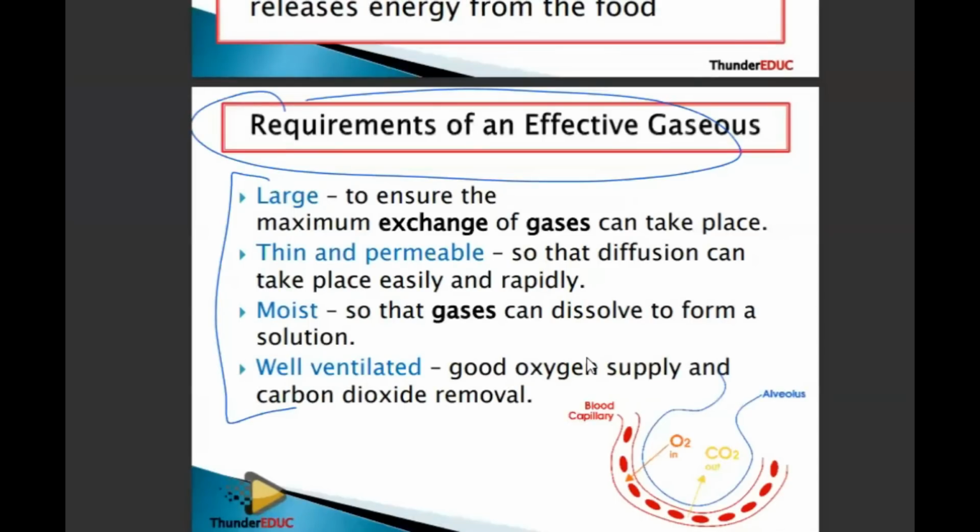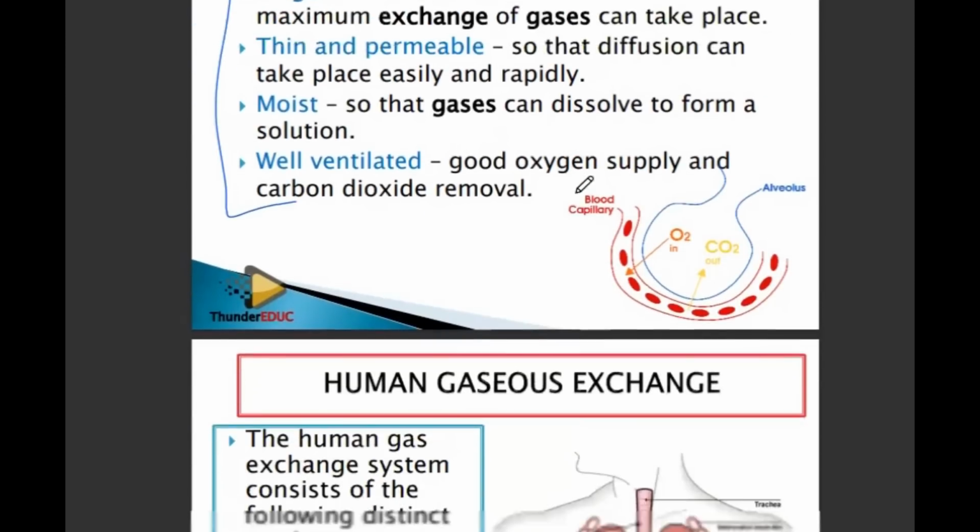Thin and permeable. What is it for? So that diffusion can take place easily, because adaptation is a characteristic and its function. So it brings about the adaptation. So please don't go to the paper without knowing the requirements for an efficient gaseous exchange surface.